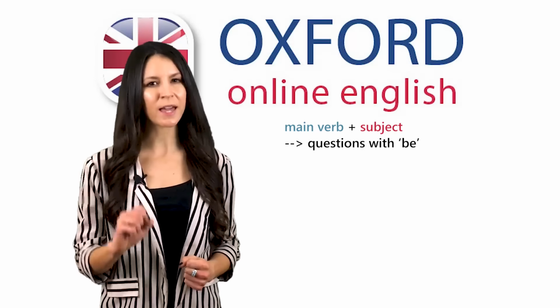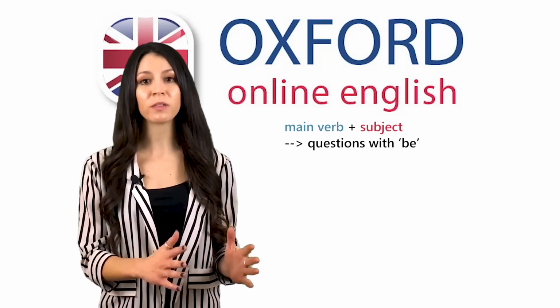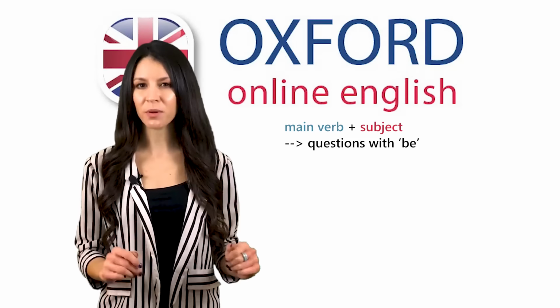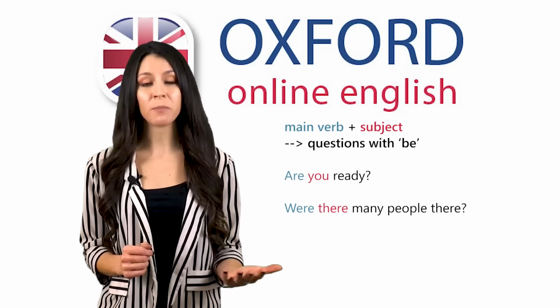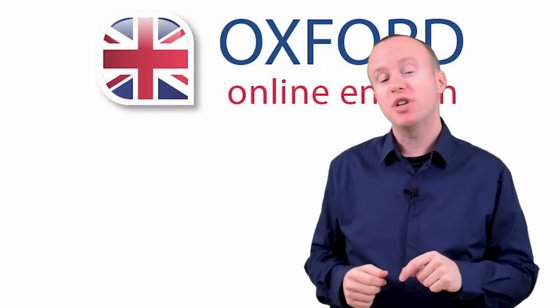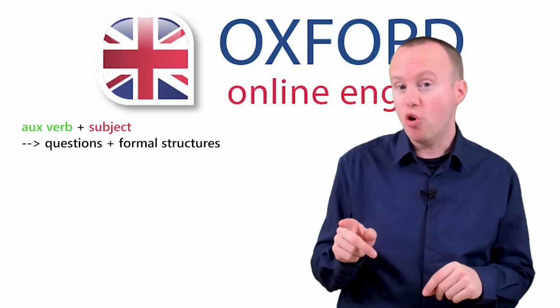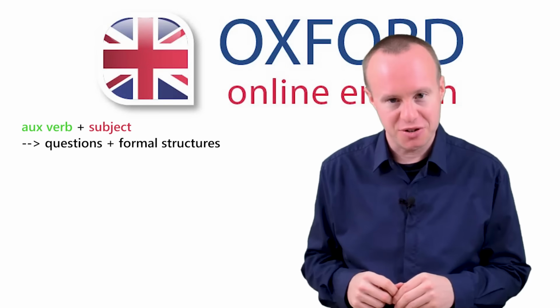However, there's one case where the main verb goes before the subject. Questions with be. For example, are you ready? Were there many people there? In some cases, the auxiliary verb needs to come before the subject. This is most common in questions.